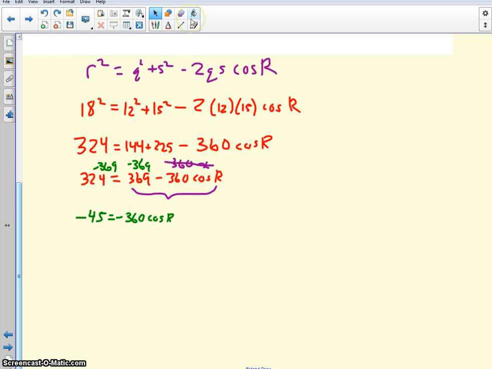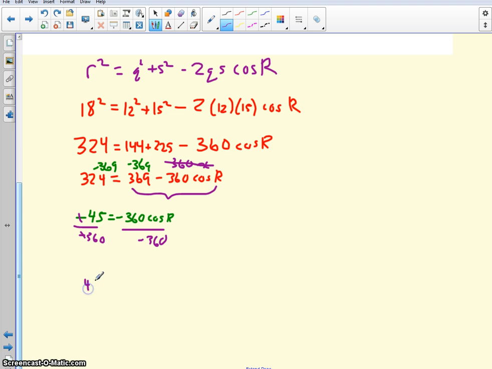How do I solve an equation when there's multiplication involved? I use the opposite. I use division. So I'm going to divide both sides here by negative 360. Those two negatives cancel to give me a positive.